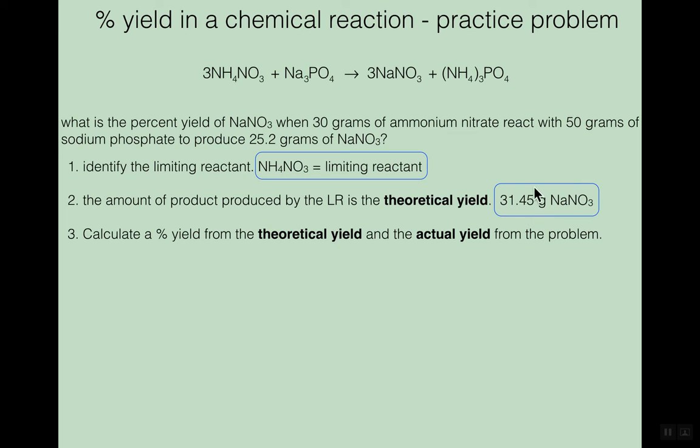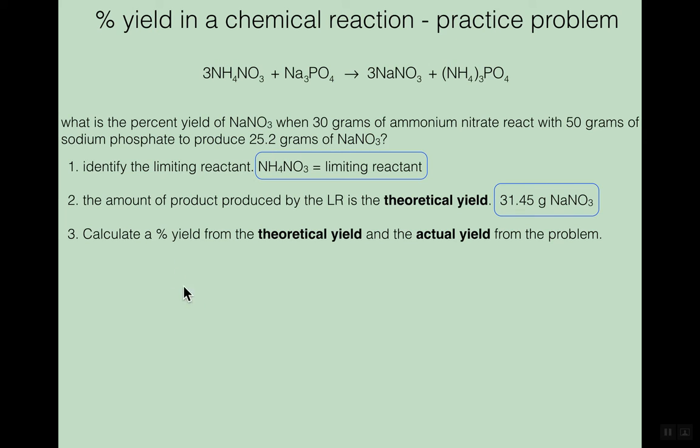If you notice, this theoretical yield is different than the actual yield, and as I mentioned before, that's normal. There are many different reasons for that: the purity of these particular reactants, or maybe you didn't scrape all of the sodium nitrate out of whatever container you were using. There are many reasons why you're not going to get the theoretical amount.